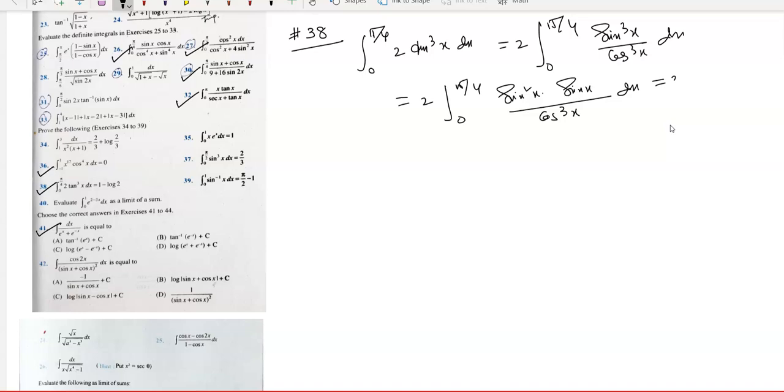So do one thing before you make any substitution: it will be 2 outside, 0 to pi by 4, sin square x you write 1 minus cos square x, into sin x by cos cube x dx.